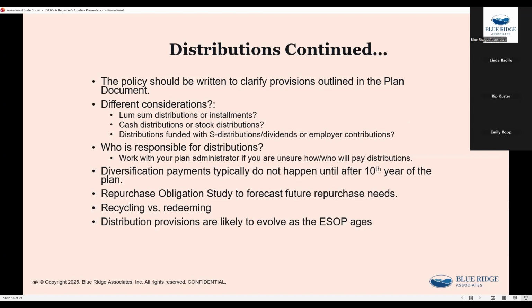So keep in mind that you have options available to modify your distribution policy, and modeling those after your cash flow obligations is really helpful to forecast and understand what your funding is going to be required for future years.